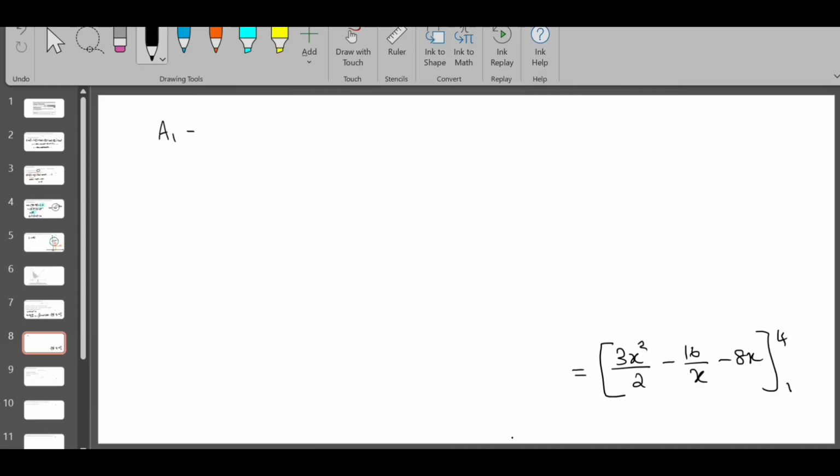So A1 is equal to, sub in the upper limit, 4 square over 2. 4 square is 16 over 2 is 8. 8 3s are 24 minus 16 over 4 minus 4 8s are 32. That's upper limit minus. Sub in lower limit, you will get 3 over 2 minus 16 minus 8.